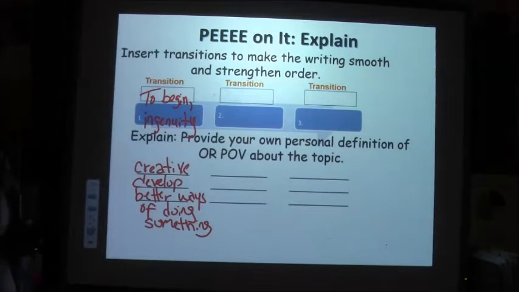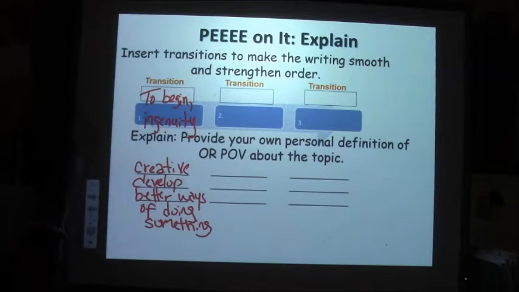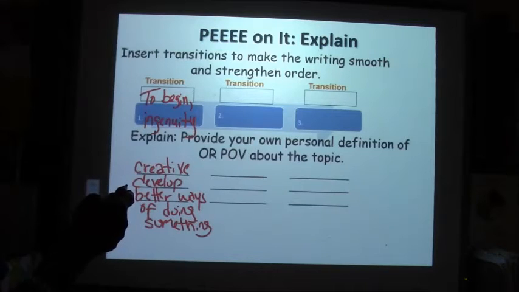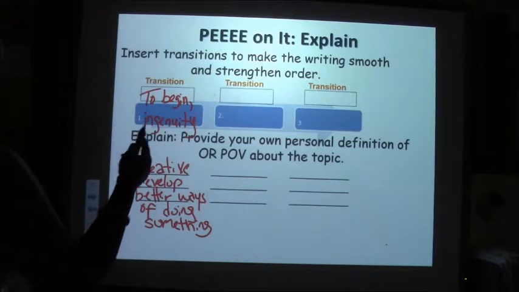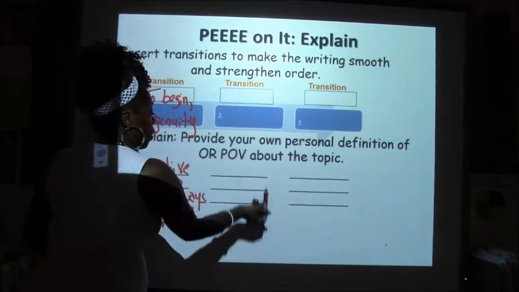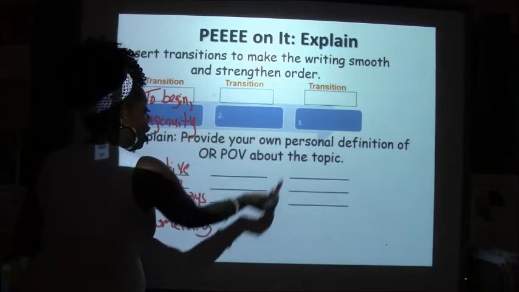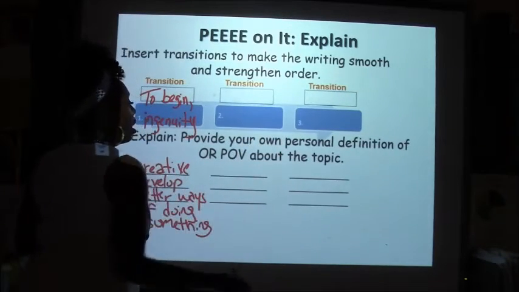So at this point, you can stop the video and have your students go ahead on and continue by putting each one of their points in the boxes. So they would put their point for number 2 and their point for number 3. And then they would define what they specifically mean when they say that word or phrase.